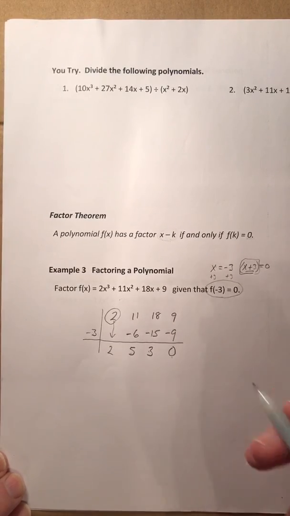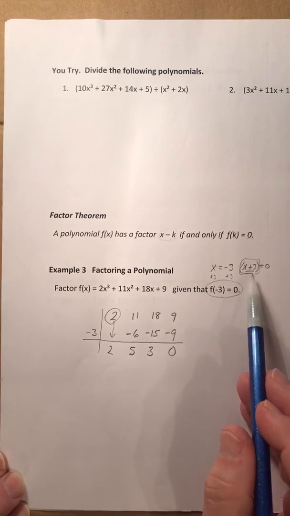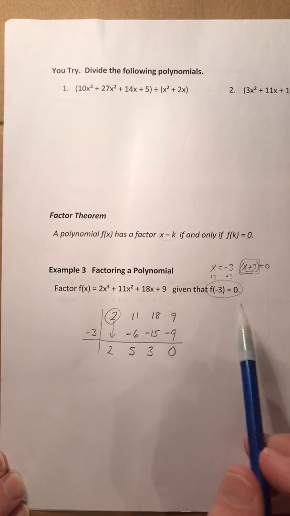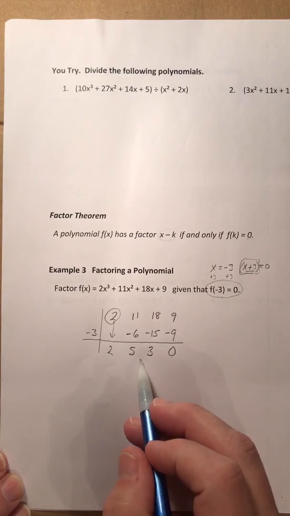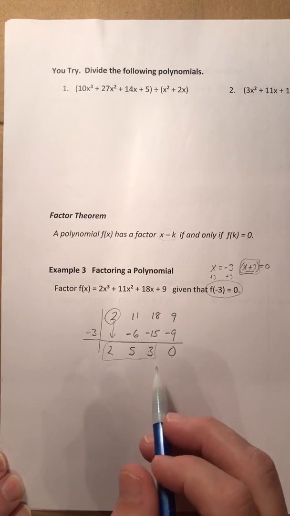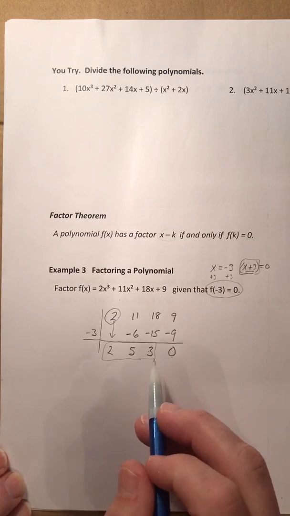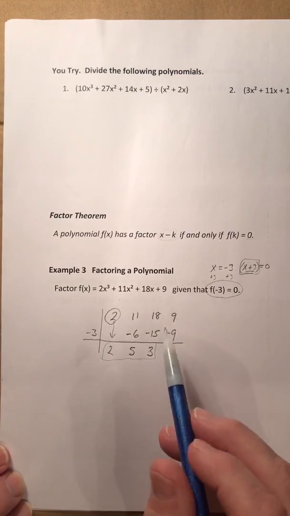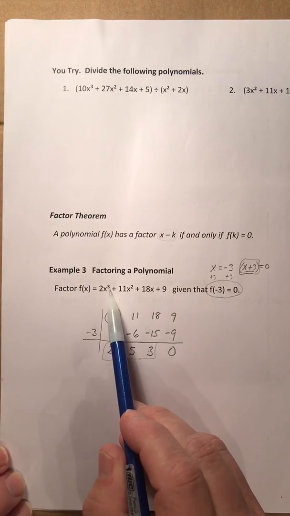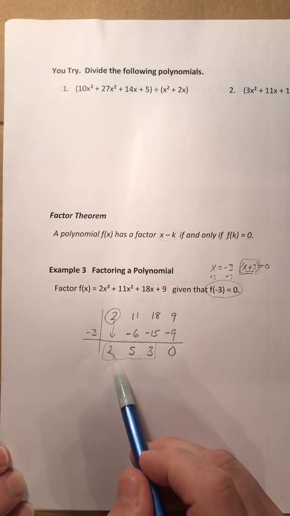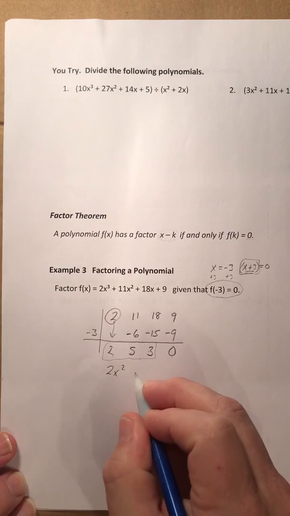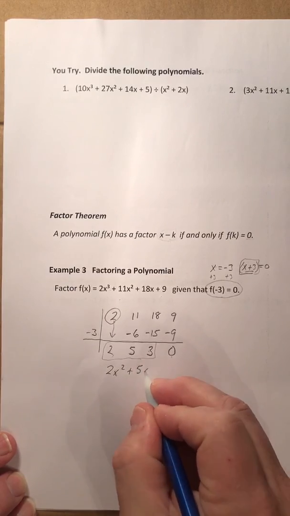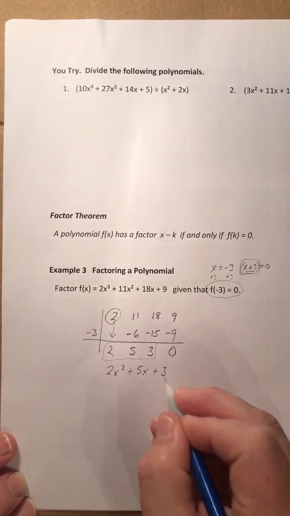So we factored that x plus 3 out of this polynomial. Now we're going to take what we're left with and see if we can factor it further. Whenever you factor it out, you always drop 1 off the power, so the first term is an x squared. It gives us 2x squared plus 5x plus 3.